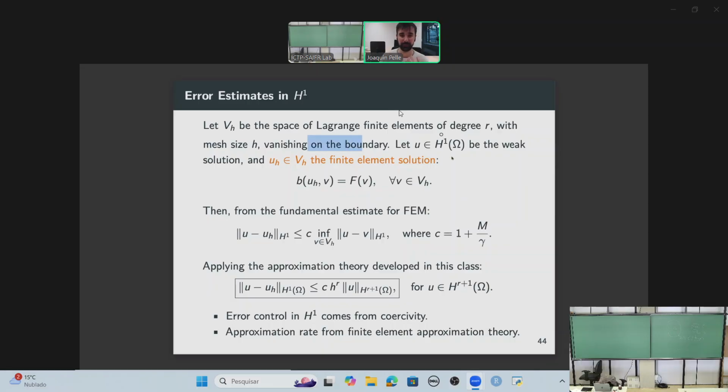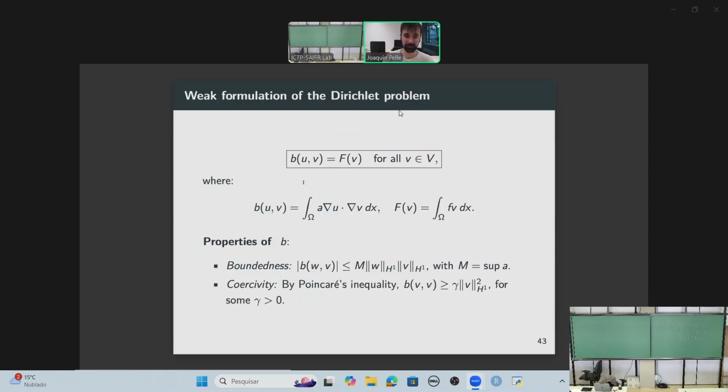And let us assume that u here is the solution to the weak problem, which is the function that we want to find, and assume that uh here is a finite element solution. So the best approximation that we can do by our finite elements, which is defined in this way here, is essentially using the equation.